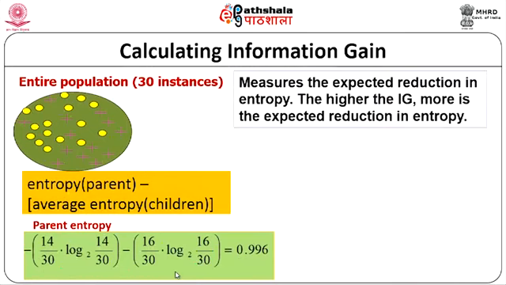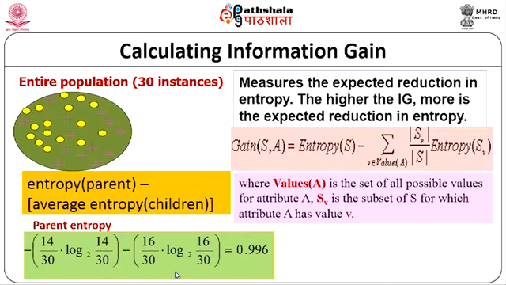It measures the expected reduction in entropy. The higher the value of information gain, the more is the expected reduction in entropy. So, you have the information gain, Gain of S, A, equal to the entropy of S minus the sum over the sets, how you divide it into sets, where Values of A is the set of all possible values for the attribute A. Suppose it is Boolean, only yes and no, you have 2.